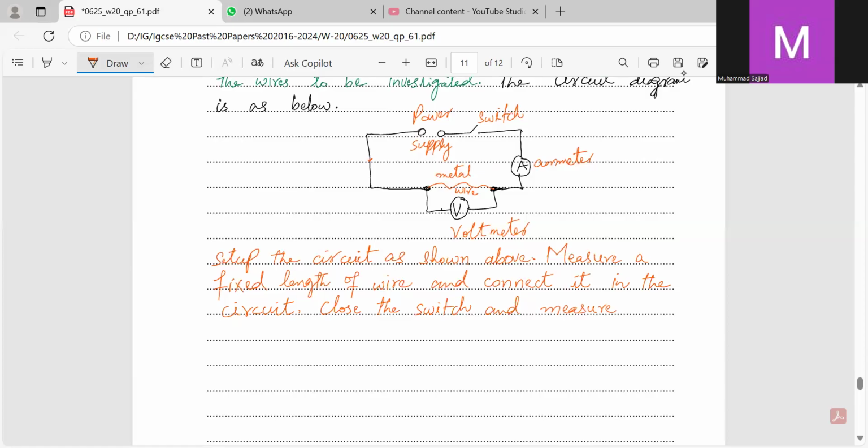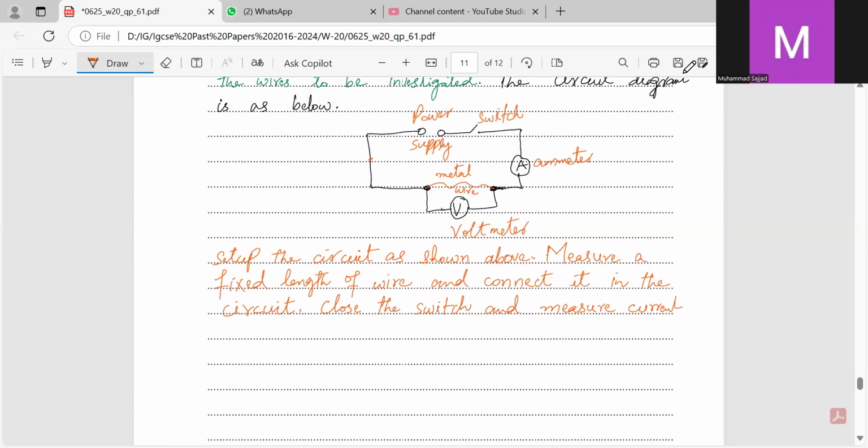measure current through the wire and voltage, or better to say potential difference, both ways are okay, across the wire. Current is always through and potential difference or voltage across the wire.